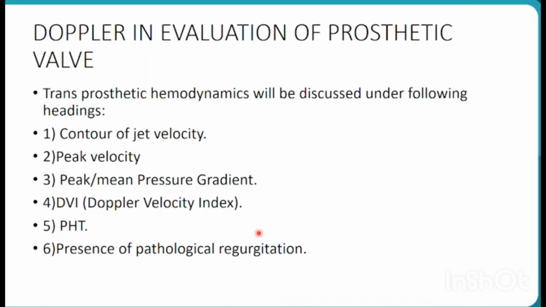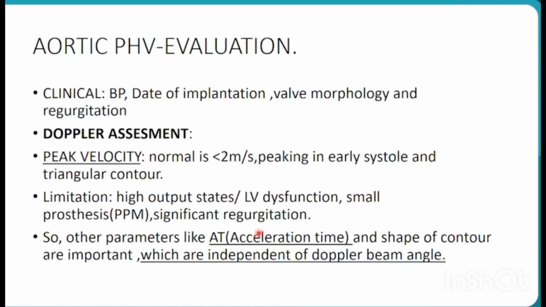If the peak velocity is less than 2, then we are sure that there is not much gradient, unless the patient has associated LV dysfunction and the symptoms fit into it. Then the peak or mean gradient, the DVI or Doppler velocity index, pressure half time for mitral and tricuspid valves only, and presence or absence of pathological regurgitation.